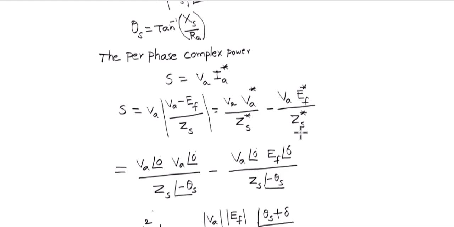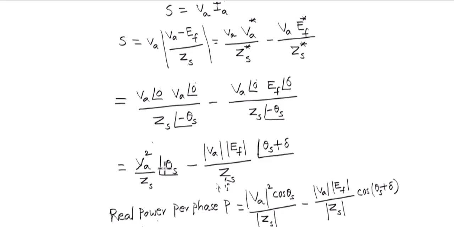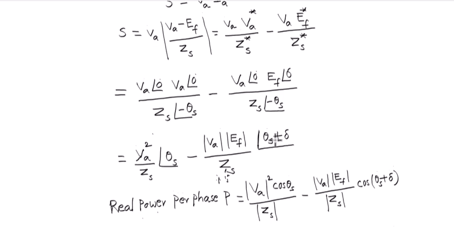When we take the complement of it, we get EF at an angle of delta. So after further expanding, VA square divided by ZS, its angle can be shifted to the numerator, that is at an angle of theta S, minus VA EF divided by ZS at an angle of theta S plus delta. The minus theta S goes to the numerator and delta is already there, so add those two.